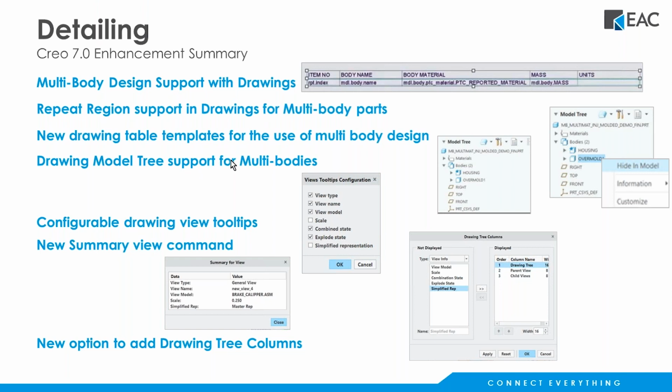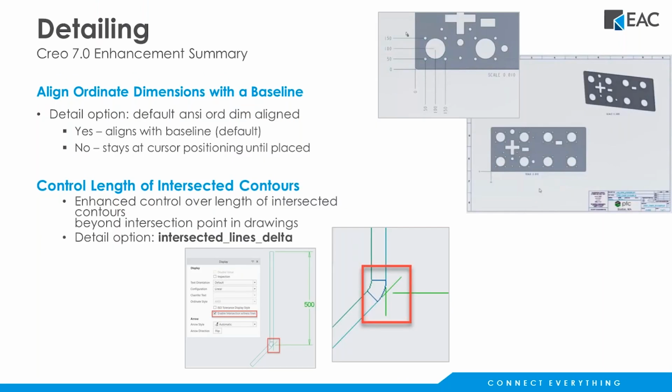The model tree can have columns in it now. So we can put different columns in the model tree. And one of the things we can do with drawings, I'll show you that in a second. So here's the model tree option for adding columns.